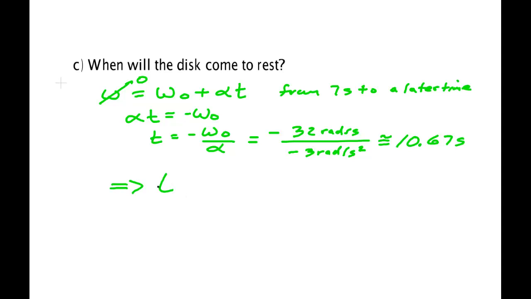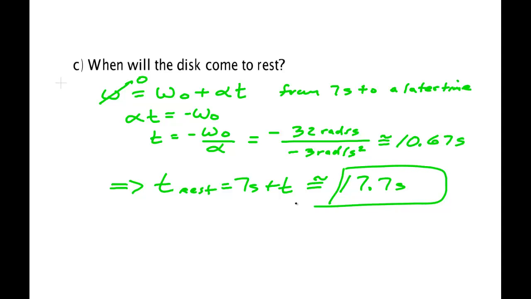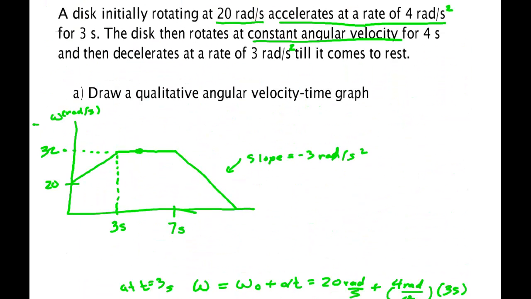Therefore, t rest is 7 seconds plus t, approximately 17.7 seconds, is when it comes to rest. So that's when, go up here and we'd mark that right here, 17.7 seconds on our time graph.